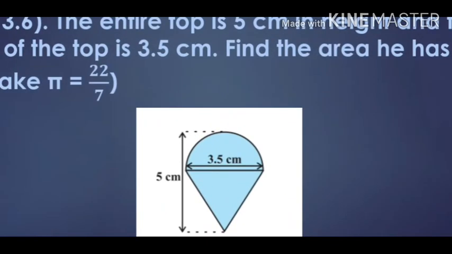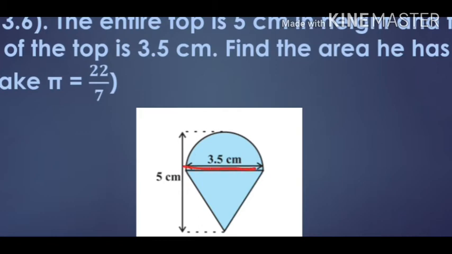Okay, if you look at this figure, Rashid wants to paint this whole lattu. That means he wants to paint this whole portion. Now, how much area does he have to paint? You can divide this lattu in two parts.